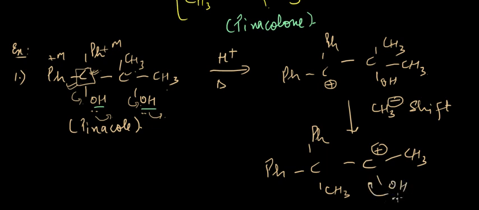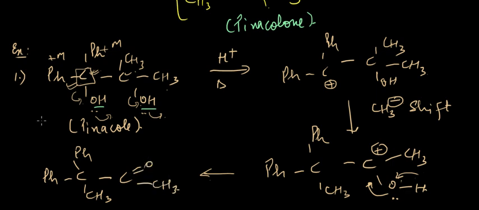Now again the lone pairs will be involved in forming a pi bond between the C and O atoms, and this hydrogen would hence be removed. Okay, so we would get something like, rather it should be something like this. In the OH bond, oxygen would be withdrawing its electrons from the hydrogen atom. Okay, so we'd get something like this as our Pinacolone.